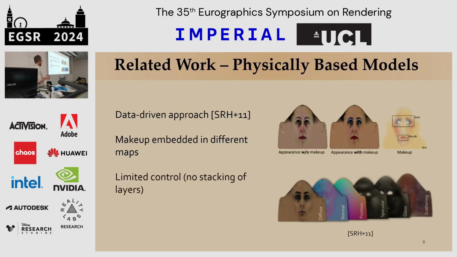Although these maps allow some control, it's still limited because, as I was saying before, this is a multi-layered structure, and so it's not possible, for example, to disentangle between the bronzer and the foundation layers. On top of that, it's harder to resimulate this increase in reflectance as we increase the thickness of the foundation or of every cosmetic that we apply.